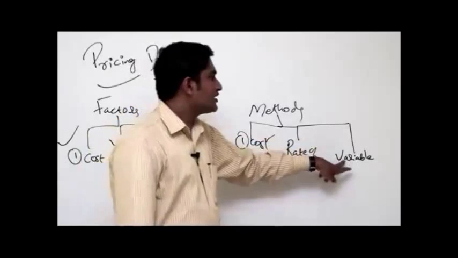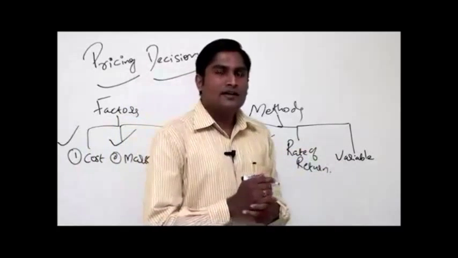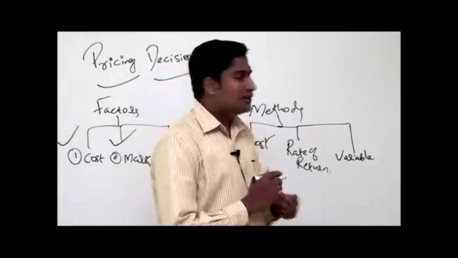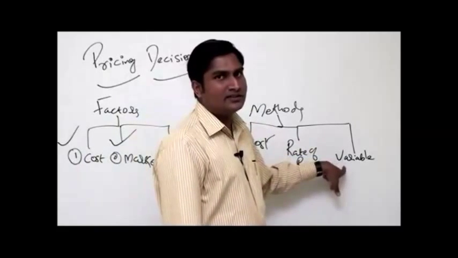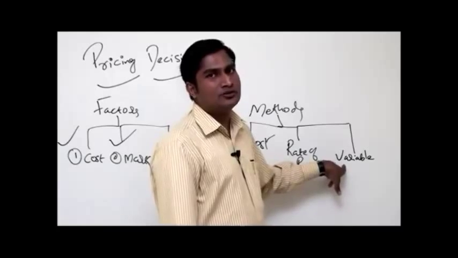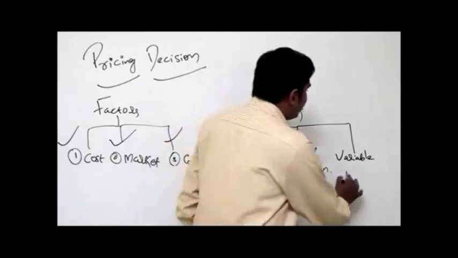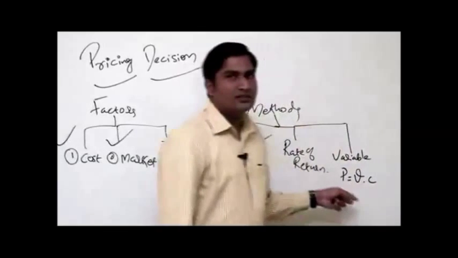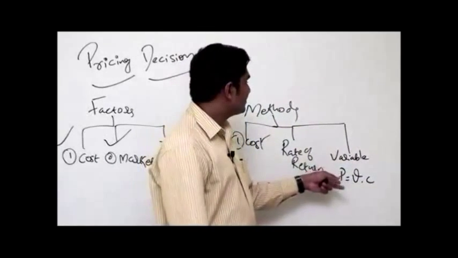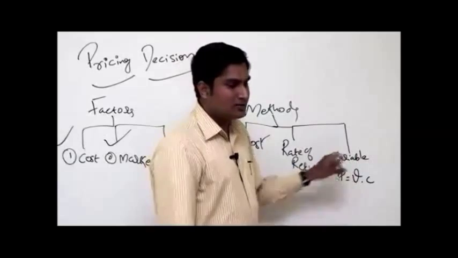This pricing strategy cannot be utilized in a longer run scenario, but it can very well be used to compete with competitors by recovering only the variable cost portion. So here the price will be equal to the variable cost of producing the product. So this is the third method, that is variable cost pricing.